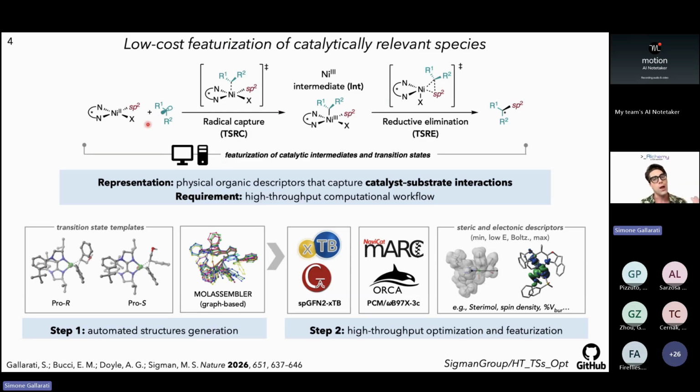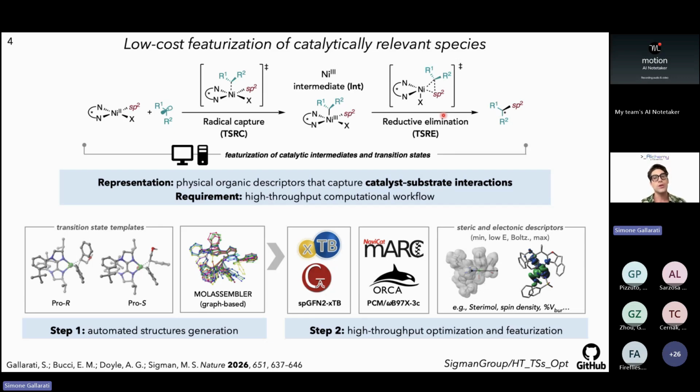We know a little bit about these nickel-catalyzed cross-electrophile coupling reactions that have been proposed to proceed through two potential stereodetermining steps: the capture of an alkyl radical by a nickel(II) species to give this nickel(III) intermediate, and then subsequent reductive elimination. Either of these two steps has been proposed to be stereodetermining.